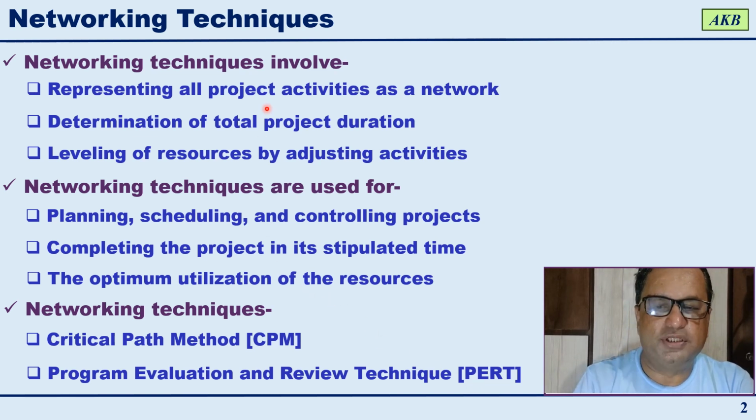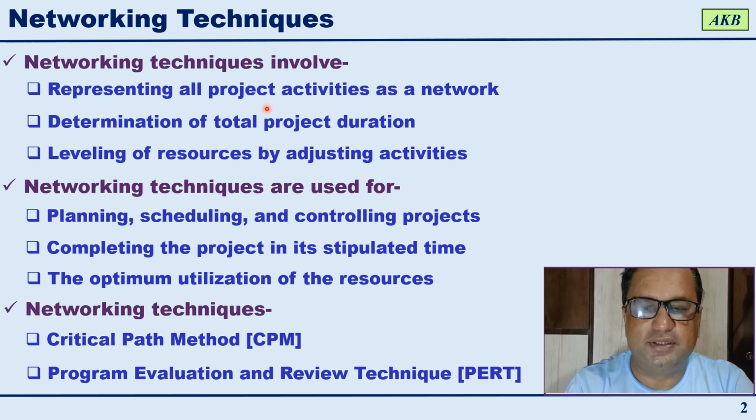On this slide, we have understood that networking techniques involve representing all project activities as a network. They involve determination of total project duration, and leveling of resources by adjusting the activities.